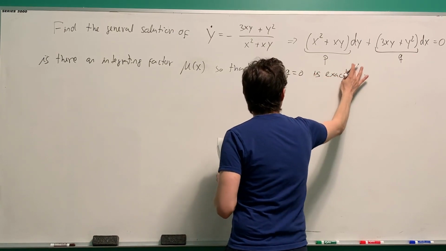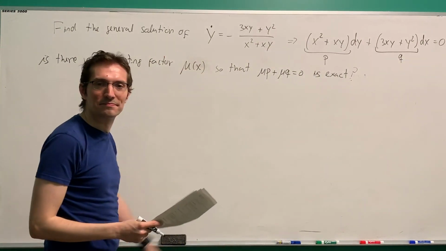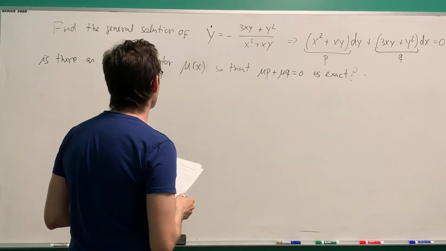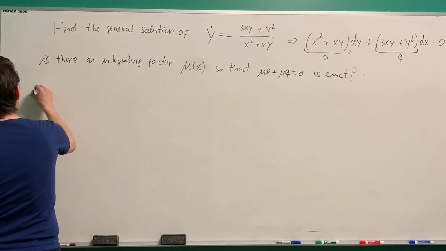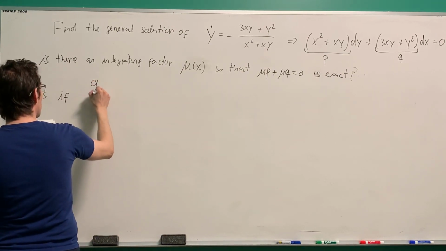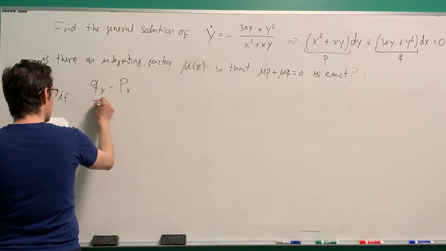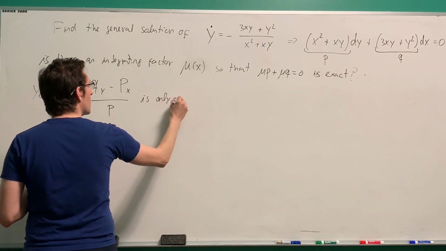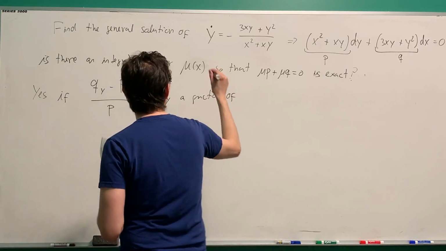A priori, we don't know if there is, and you could have checked y first, I don't know, but let's check x first. All right, so remember the criteria that we discussed to check. If that's the case, then we write here: q with respect to y minus p with respect to x, divided by p, is only a function of x.